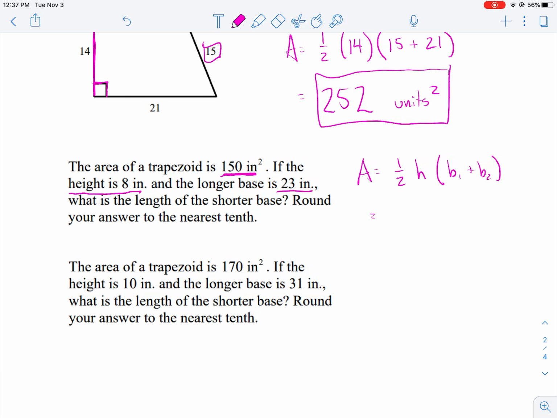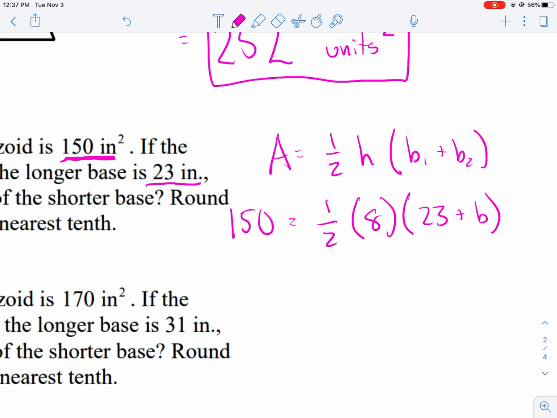So anyway, let's fill this in. 1/2, our height is 8, our one base is 23 plus B. And then put this 150 on the other side because we actually know what the area is. And then we just solve.